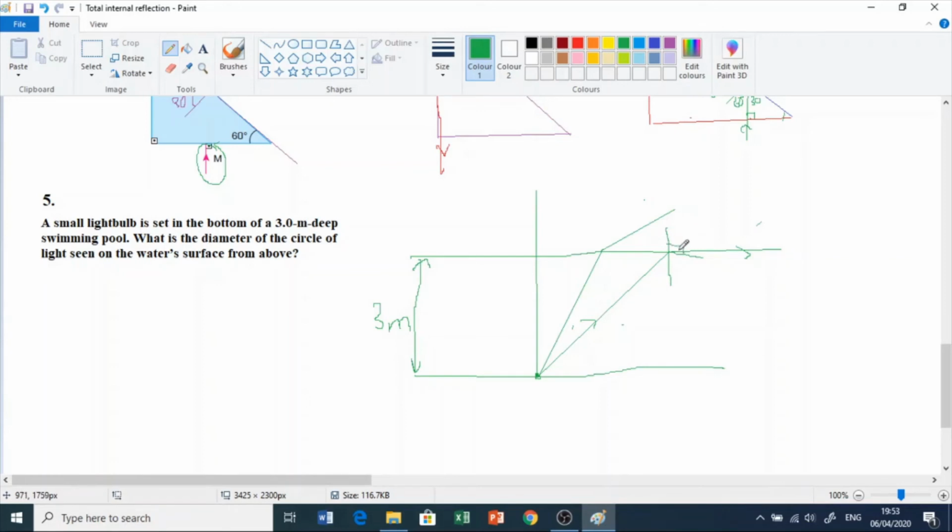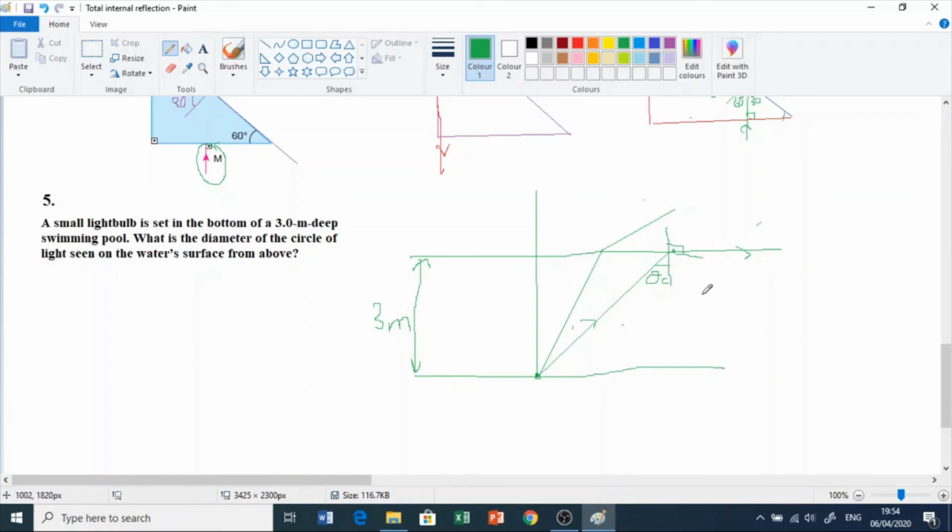So this is the 90 degrees. Here is the critical angle. Any other light ray with a bigger angle than this one will reflect downward. It will not emerge to the air, so it will not illuminate the surface of the water. Only light rays which have an angle of incidence smaller than the critical angle will pass to the air. Others will reflect back into the water.